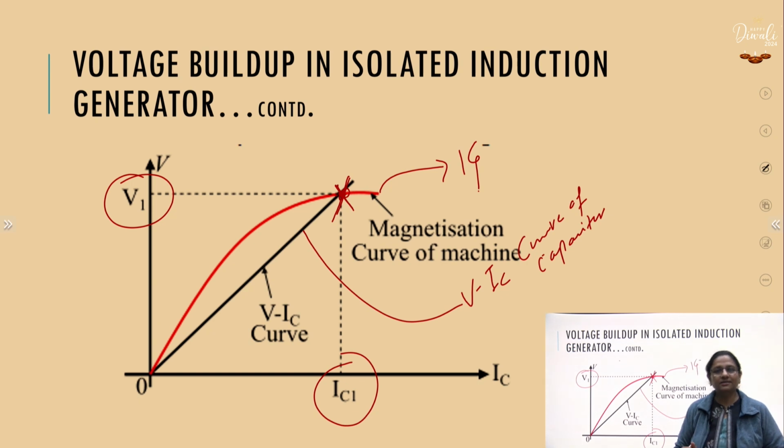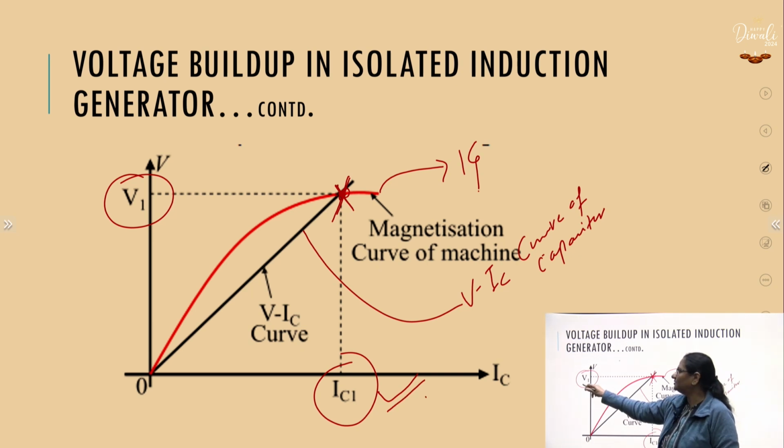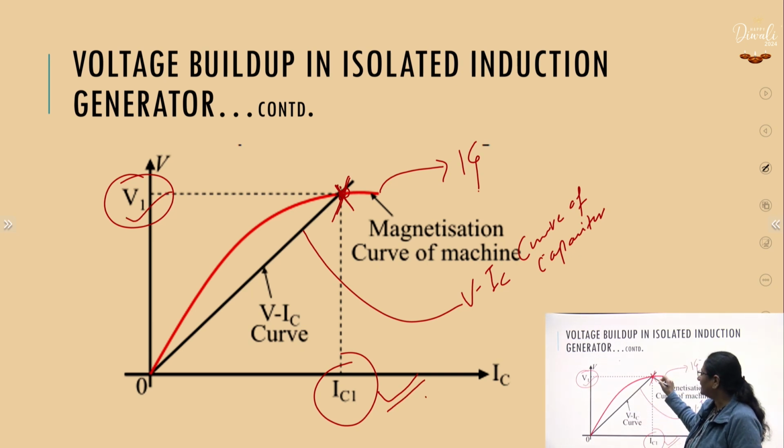This capacitor current serves as the magnetizing current for the generator. So, this is basically the magnetizing current flowing in the stator winding of the machine, and this is the induced voltage as per this particular operating point on the curve.